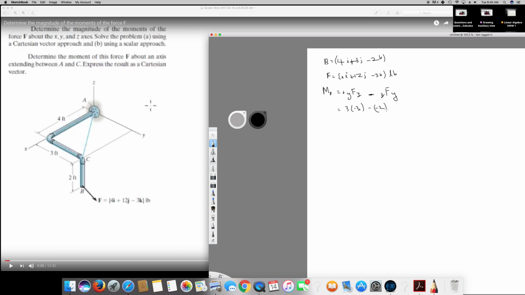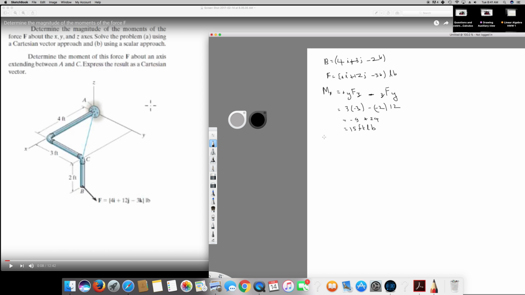I have to multiply this one by Fy, which is 12j, so 12. So what I get is minus 9 plus 24. So 24 minus 9 is going to be 15 feet pounds. So this is my Mx.